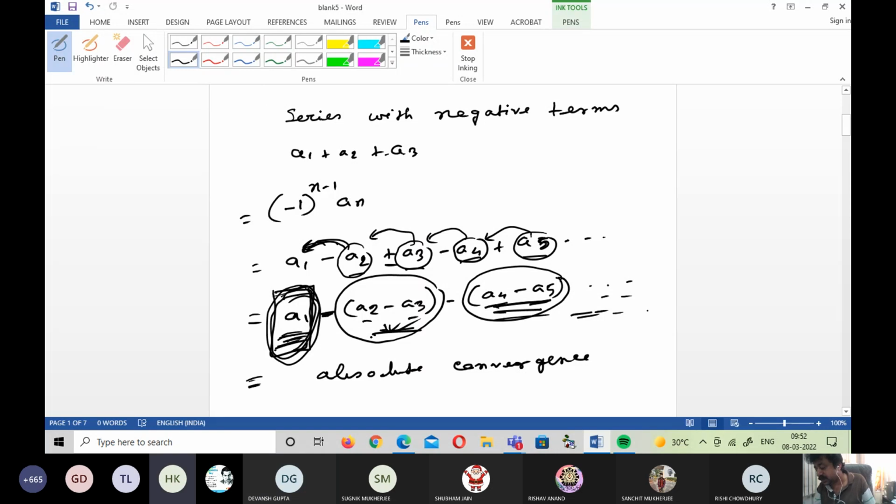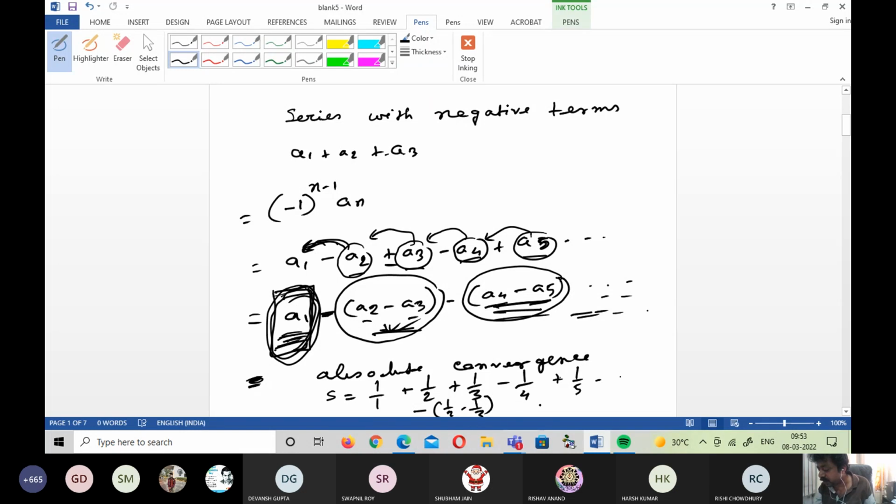So it will come under conditional convergence. Suppose there is a situation where S is 1/1 minus 1/2 plus 1/3 minus 1/4 plus 1/5, in this way. If you take the minus common, 1/2 minus 1/3 is a positive quantity.